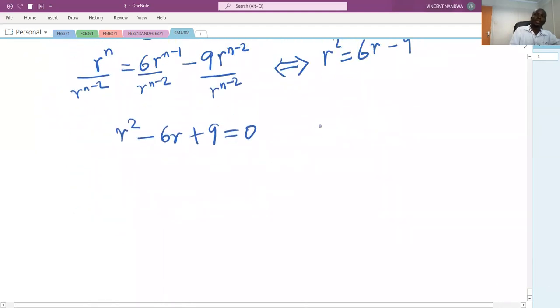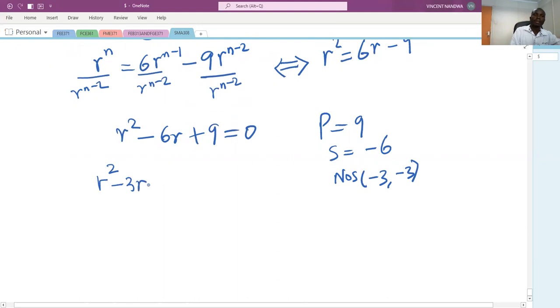Now product is 9, sum is minus 6. So numbers must be minus 3 and minus 3. So this quadratic will be factorized as r squared minus 3r minus 3r plus 9 equals 0.